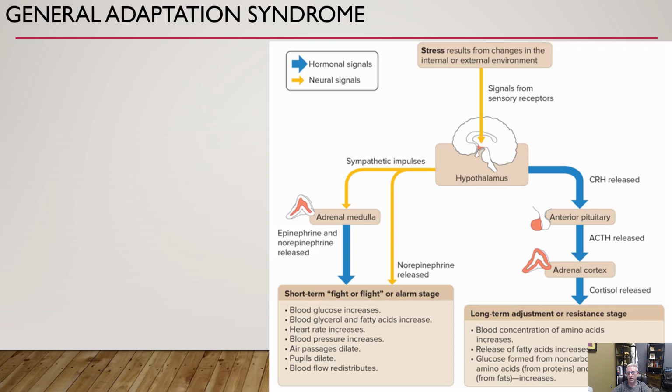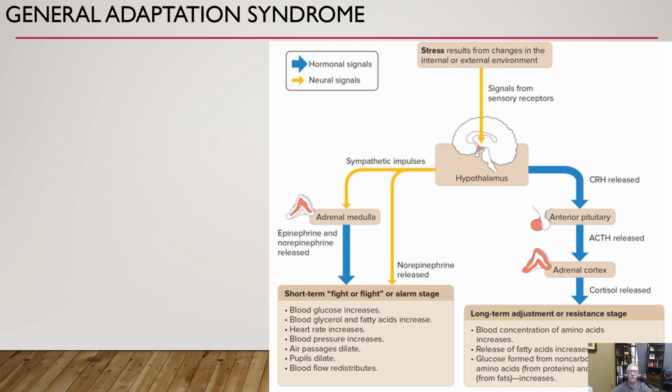And you can see, then we have this thing called the long-term adjustment or resistance stage, where your blood concentration of amino acids increase, release of fatty acids increase, glucose formed from non-carbohydrate sources, amino acids from proteins, and glycerol from fatty acids are all going to increase.